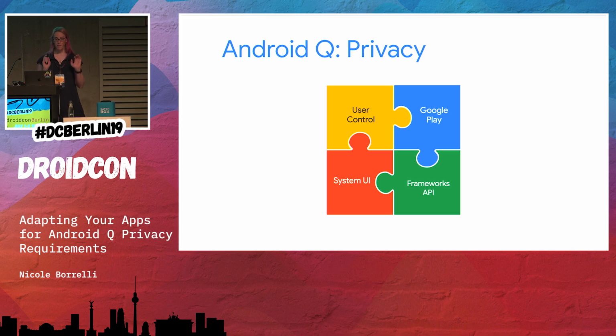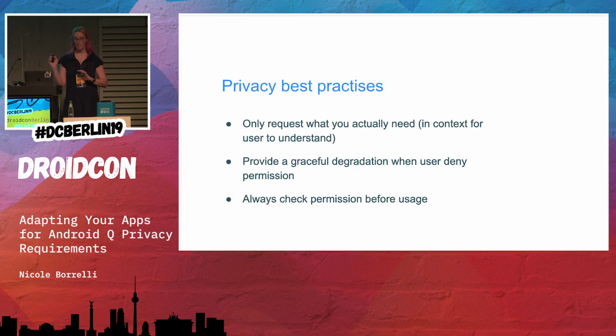The biggest takeaway from this talk is this. When you're creating an app, you should only want to request permissions for the data that you actually need and when you need it.